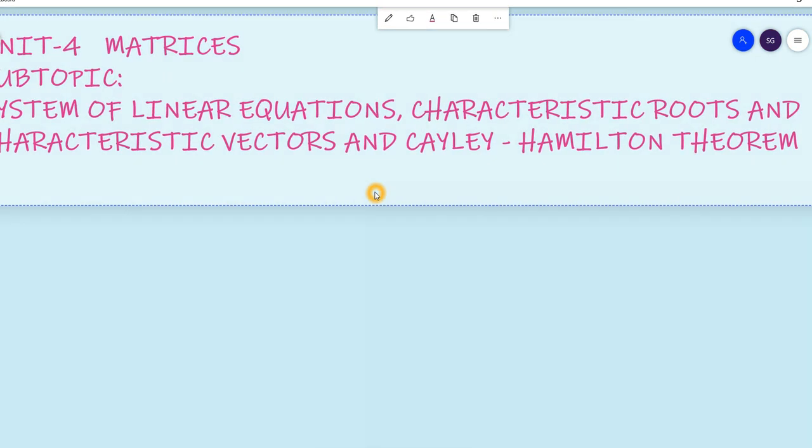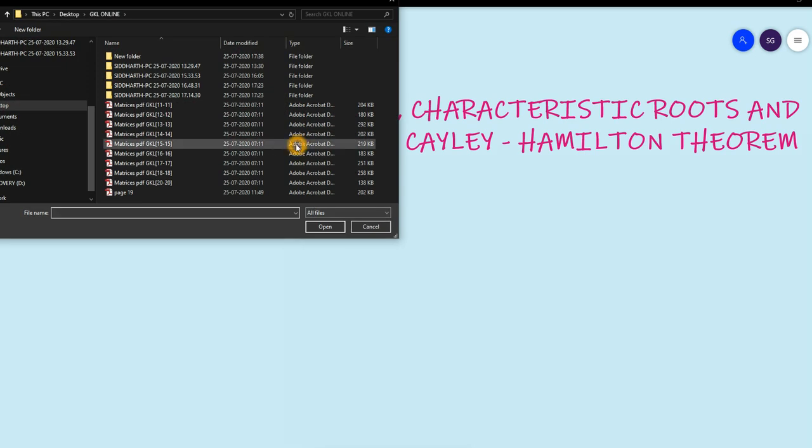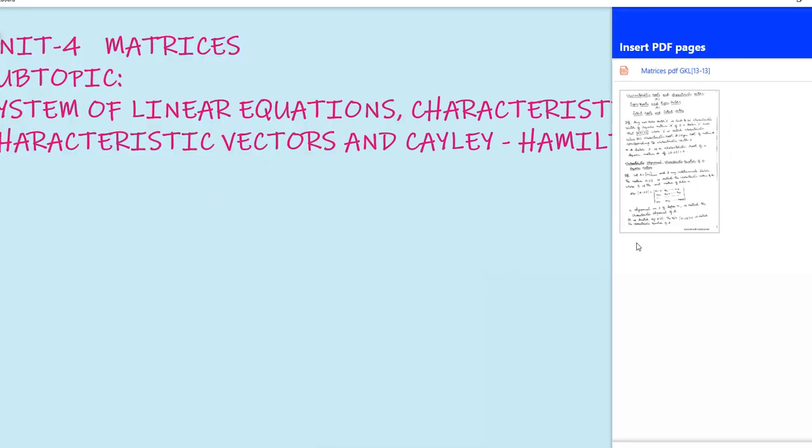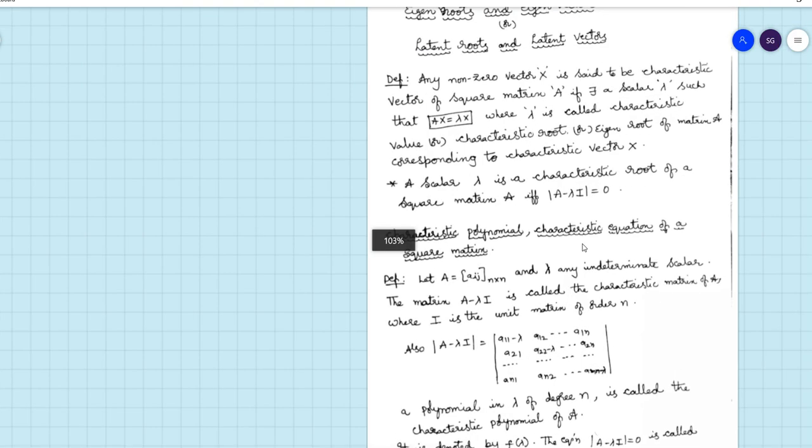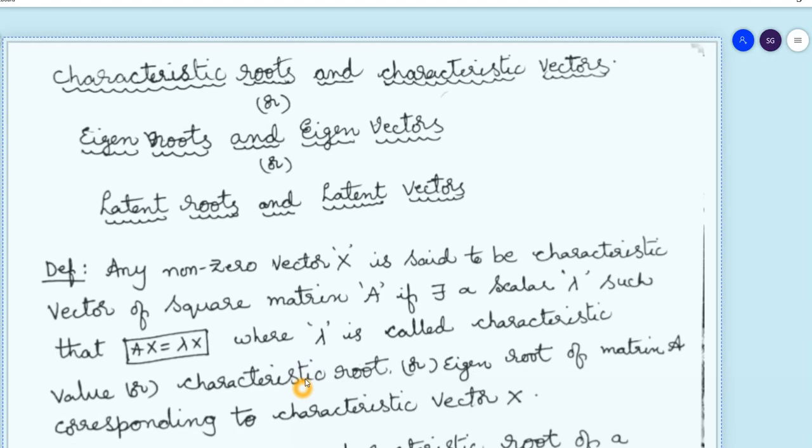Okay, this is the concept of the system of linear equations. Now go to another topic, characteristic roots and characteristic vectors. Characteristic roots can also be called eigenroots and characteristic vectors can also be called eigenvectors.